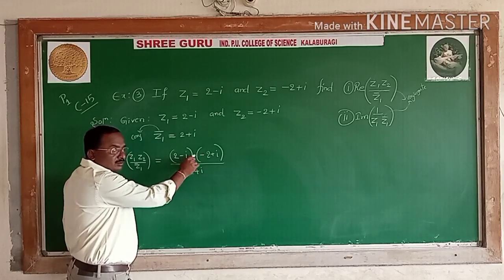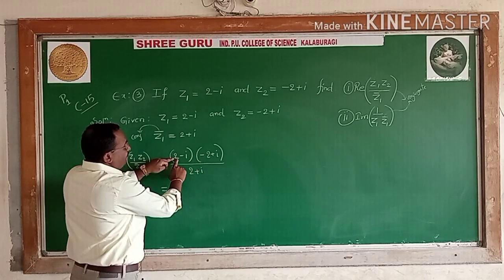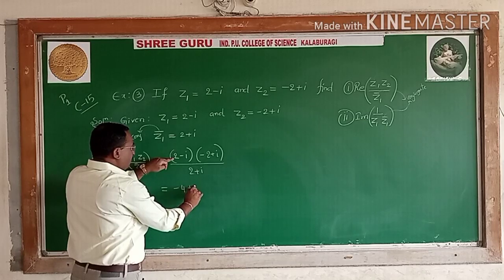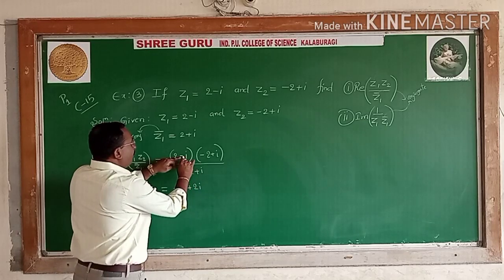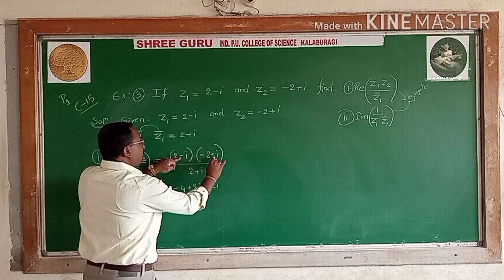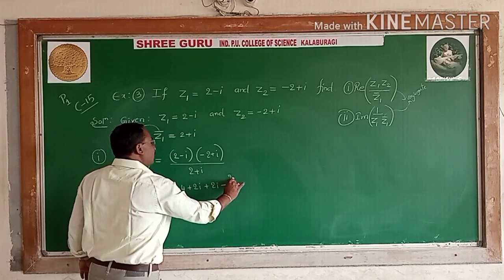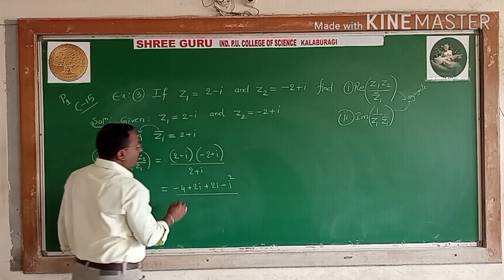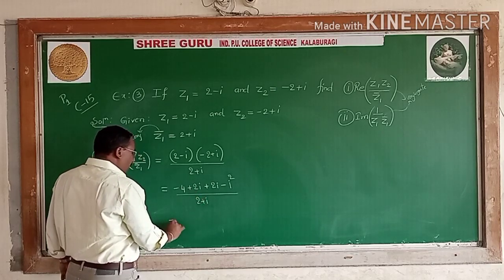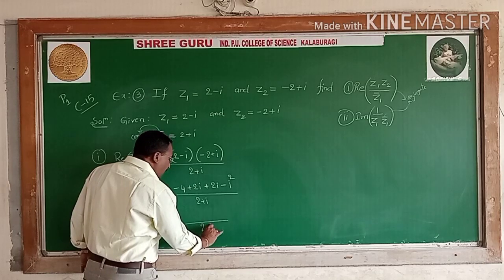Simplify the product of the two complex numbers. 2 into minus 2 is minus 4, plus 2i, plus 2i, minus i into i square, whole divided by the denominator 2 plus i as it is.